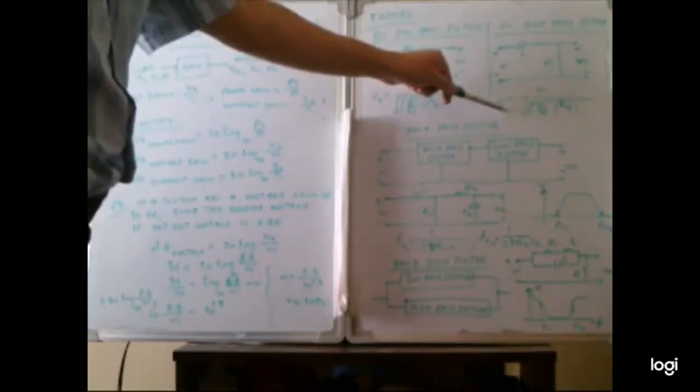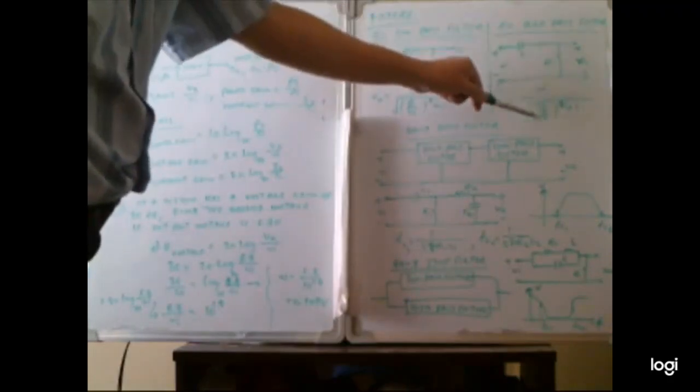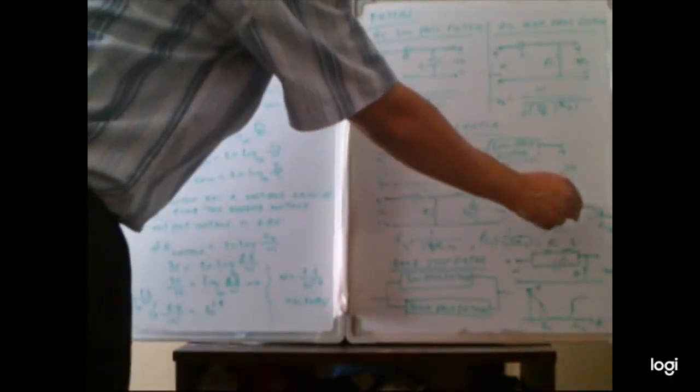With a high pass filter, only the high frequency can pass through, but low frequencies are blocked. With a band pass filter, this frequency range is allowed to pass.